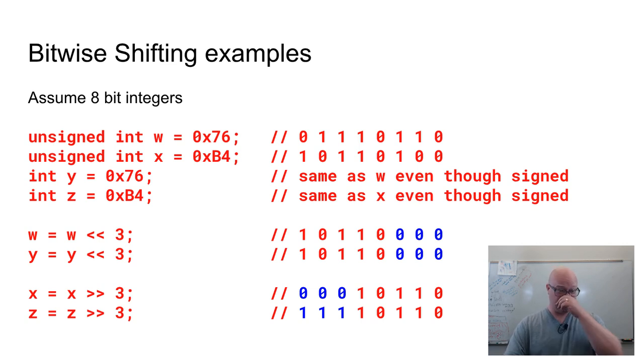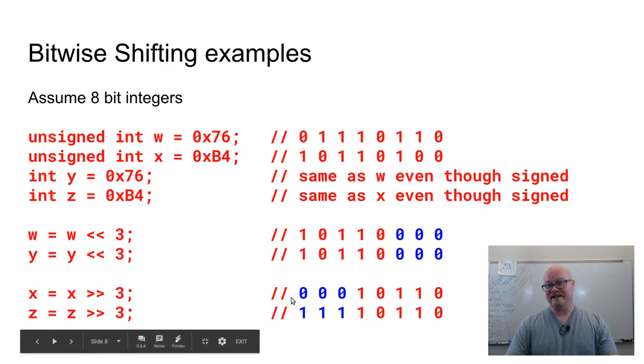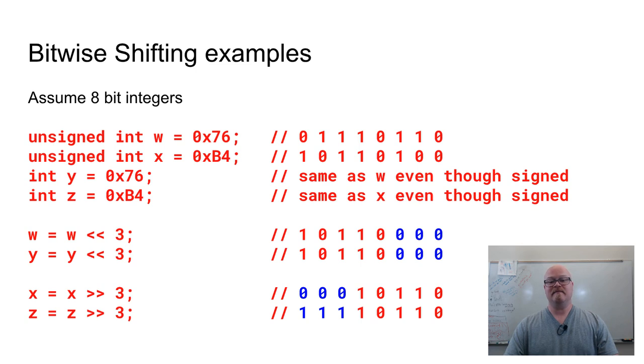So down here at the bottom, where I take x and I shift it to the right 3 times, x is an unsigned value, so we end up with zeros being brought into the high order bits. When I shift to the right on z, since it is a signed value and it contains the bit pattern B4, which does have the signed bit containing a 1, so it's really a negative number in our 8-bit system.